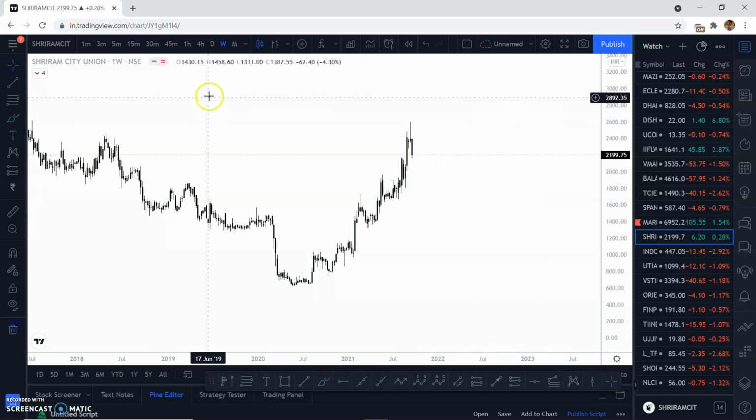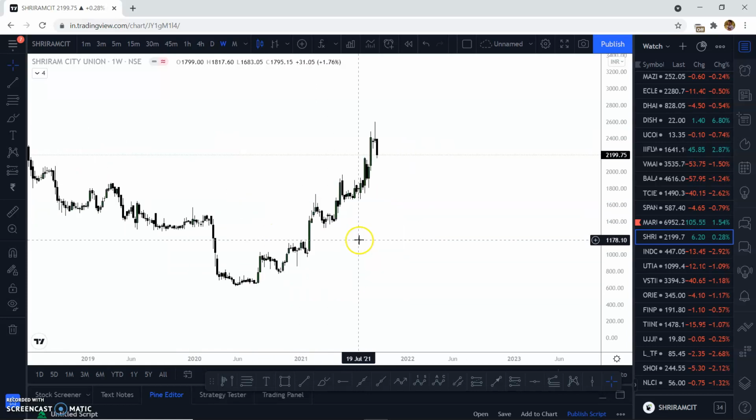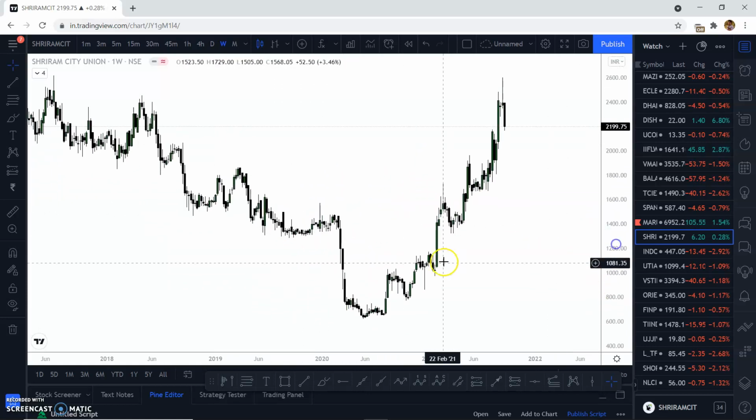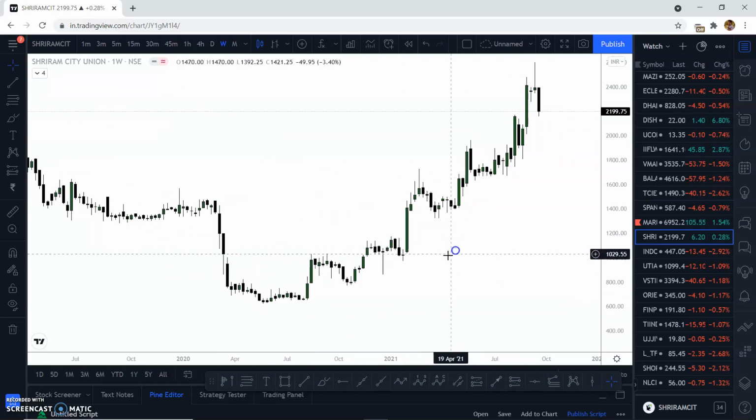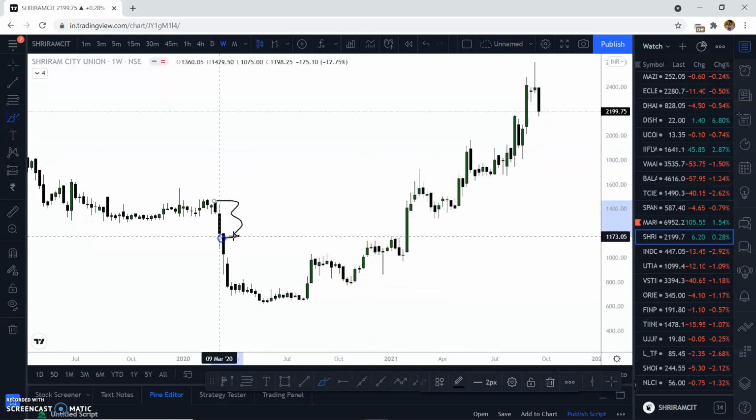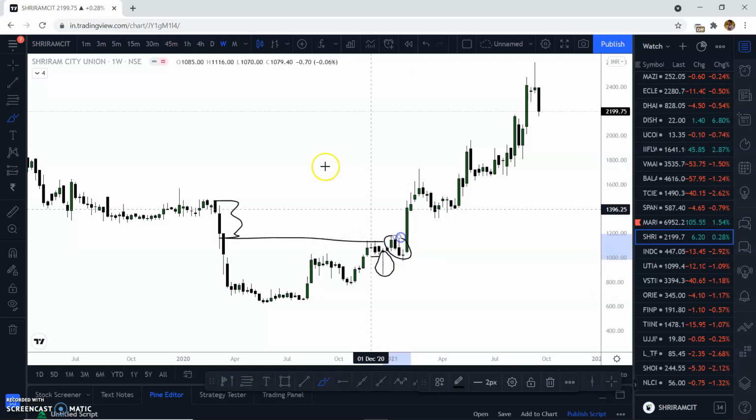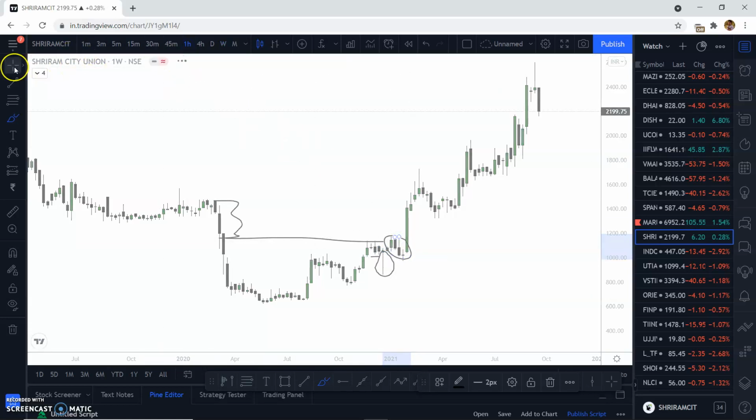So I'll try to see if we can identify these things here. All right, so we have a lot of void here, right? We have a lot of imbalance around this area. We have a liquidity hunt around this area. Okay, let's see if there was any sort of accumulation in this phase.